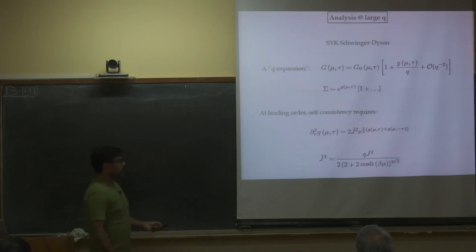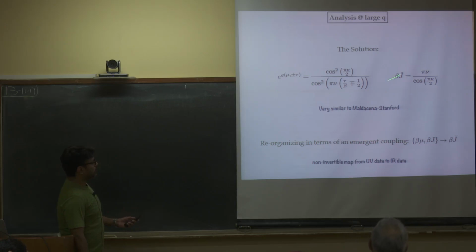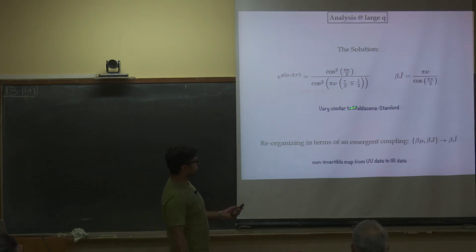Okay, so that's the equation, and I can even do the solution of that, and the solution turns out to be this. This is exactly identical to the solution that Maldacena and Stanford had already discussed within a year or so, I forget.